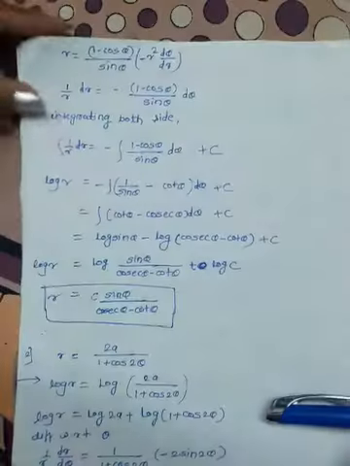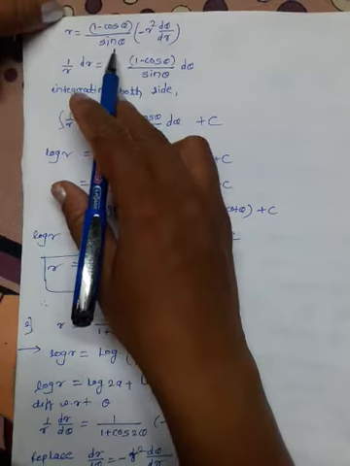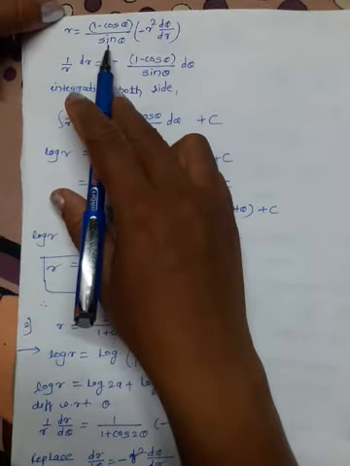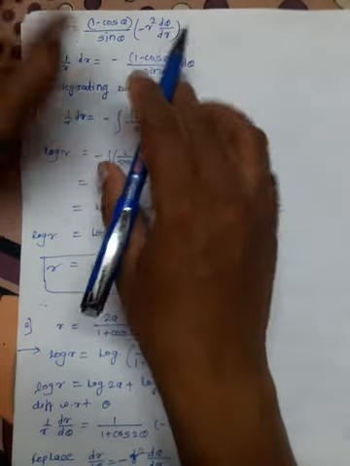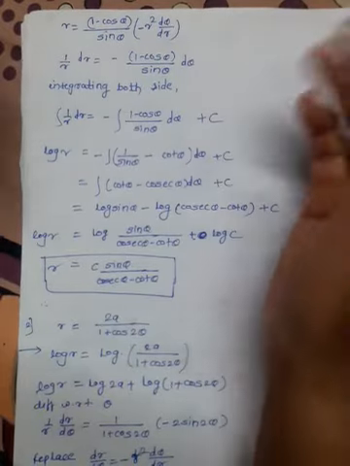We get r is equal to 1 minus cos theta upon sin theta, and dr by d theta replaced by minus r square d theta upon dr. This is the third step.